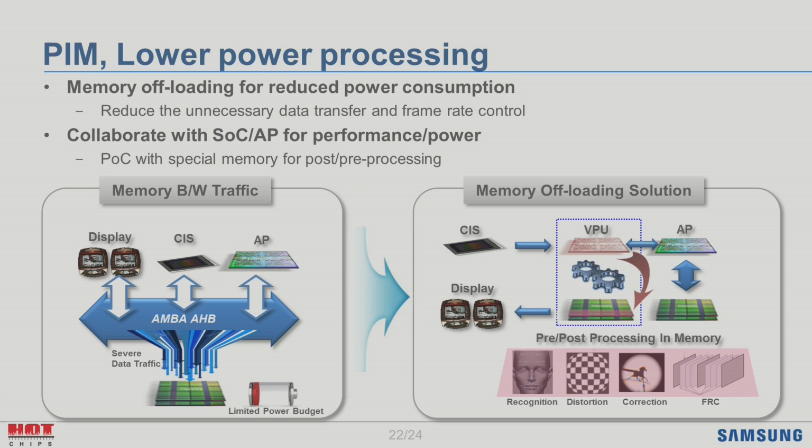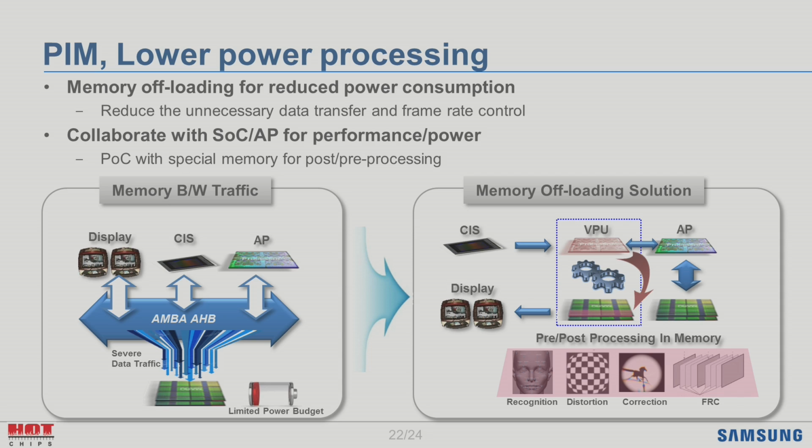So in order to reduce the unnecessary data movement and the frame rate, we can use memory offloading from the accelerator or the SoC to memory. For example, pre-processing and post-processing with a drone or virtual reality device.